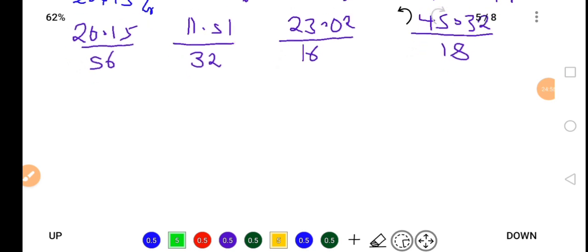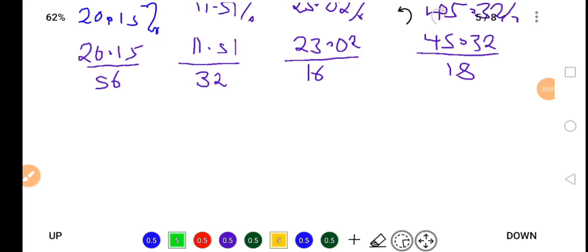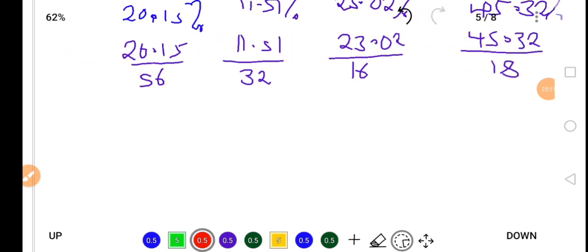When you divide the values here, you'll find that the number of moles will be 0.34 here, and here it will be the same, 0.34, and of oxygen we are going to have 1.44, and then water we are going to have 2.52.